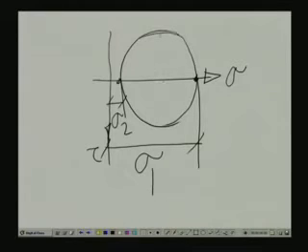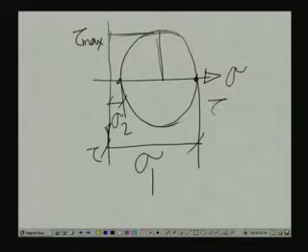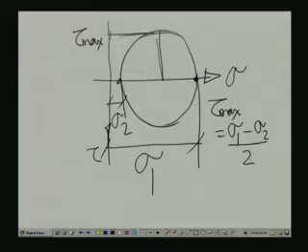The radius of this circle defines the maximum value of the shearing stress, which is tau max, and tau max is given by sigma 1 minus sigma 2 by 2. In the given problem sigma 2 is 0 and sigma 1 is 10, thereby the maximum shearing stress is 10 by 2, which is 5 MPa.